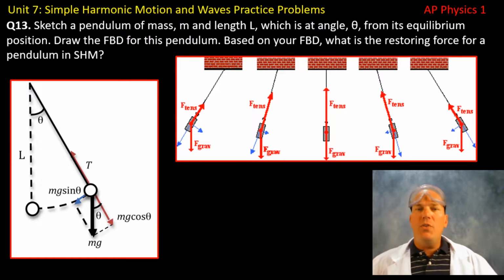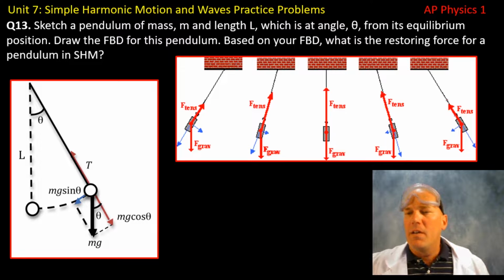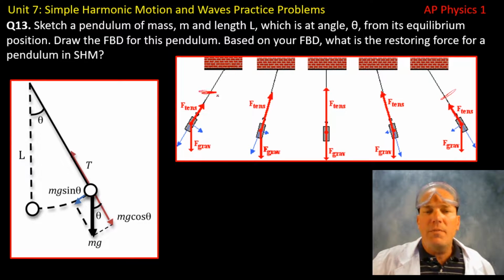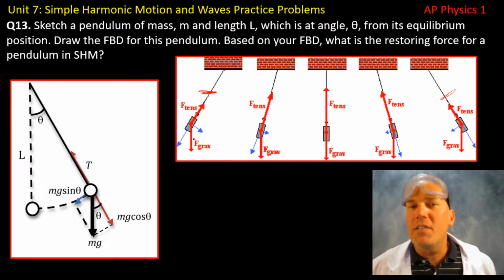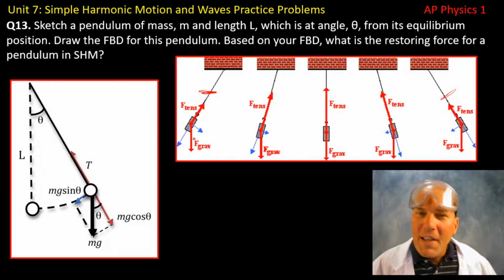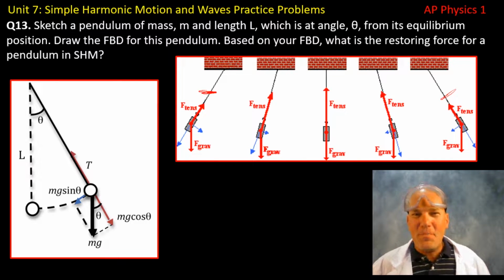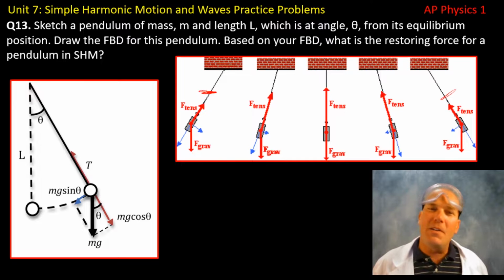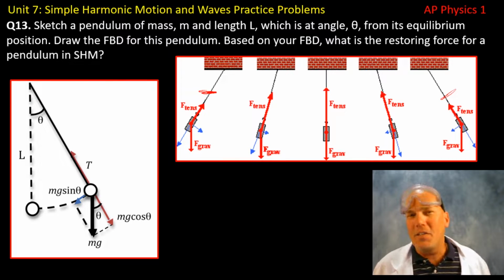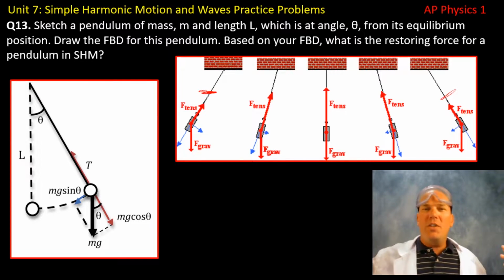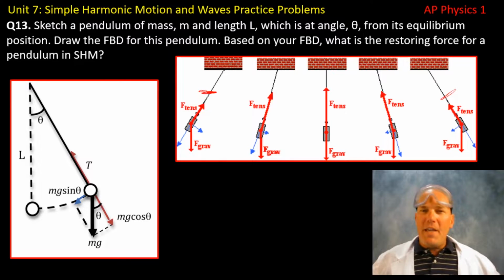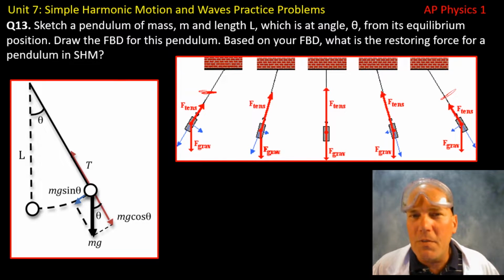However, at the two extremes here, we have our greatest restoring force. This should sound familiar. It's the same thing as when we looked at spring block oscillators. So on either extreme position, we have our greatest restoring forces.